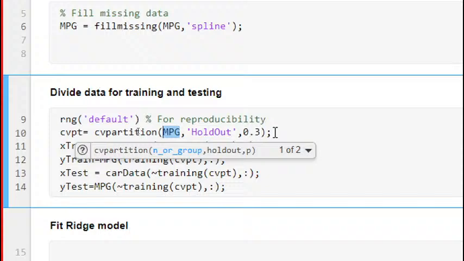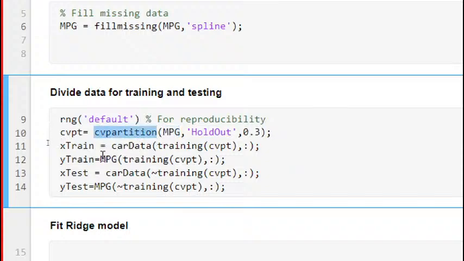It means 30% of the data will be used for testing and the remaining 70% will be used for training. Based on this partition I am extracting the training inputs, the data I have to train on, and the output, that is mileage MPG.